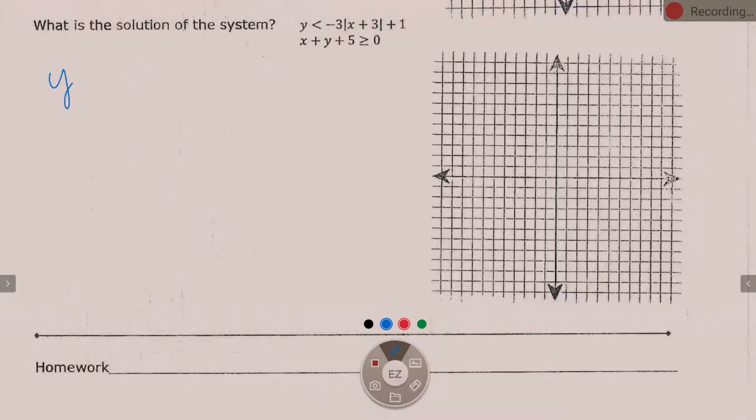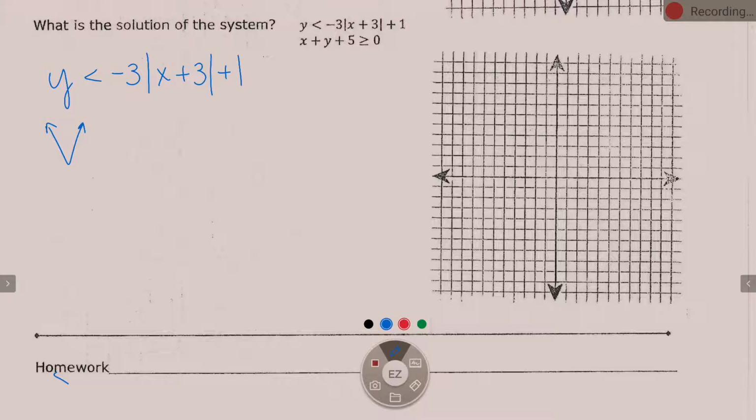Okay, so y less than -3 absolute value of x plus 3, plus 1. Okay, absolute value tells me what the shape is going to be. It's a V we're graphing.